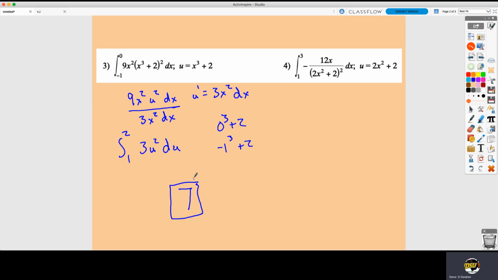The next one is a little bit different on the next page, so we'll run through that one together. You guys got number 4? 4, 3, 2.